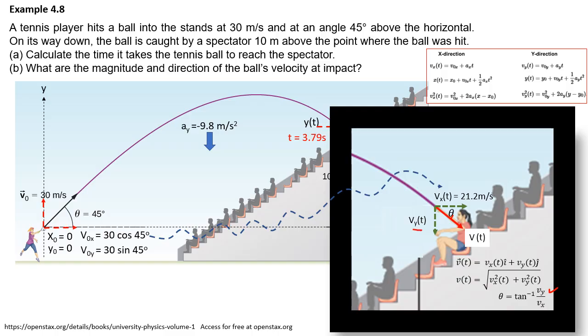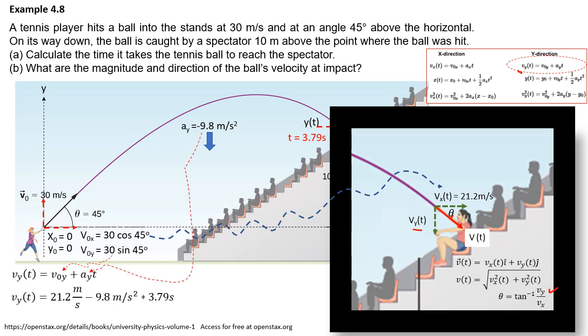To calculate vyt, let's use the first equation in the y direction: vyt equals v0y plus ay t. Now v0y is 30 sine 45, and we can substitute that value. ay is minus 9.8 meters per second squared, and time is 3.79 seconds at this point, right?